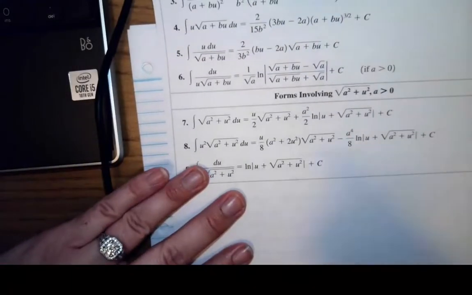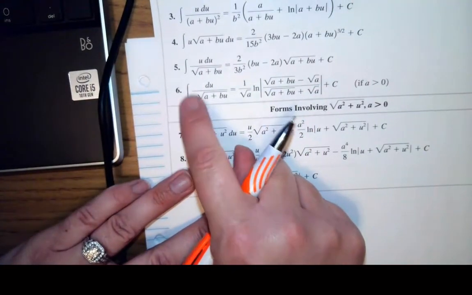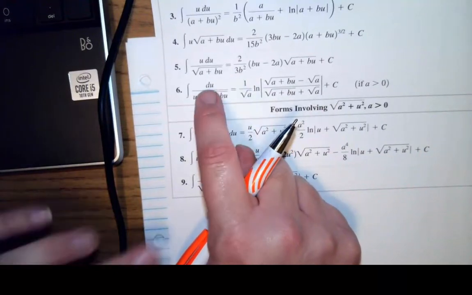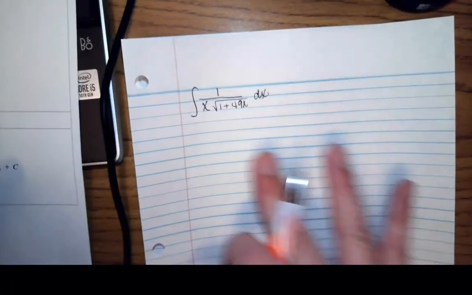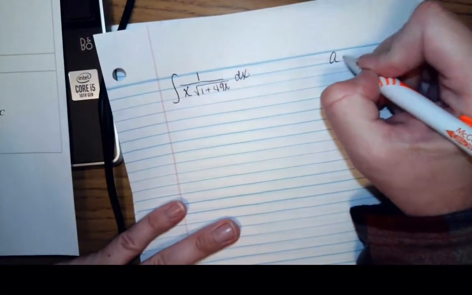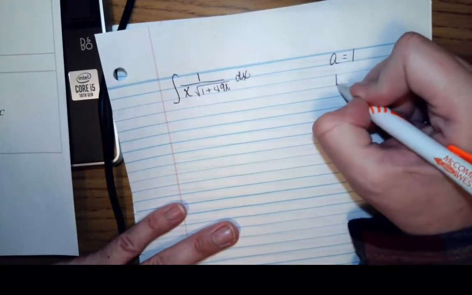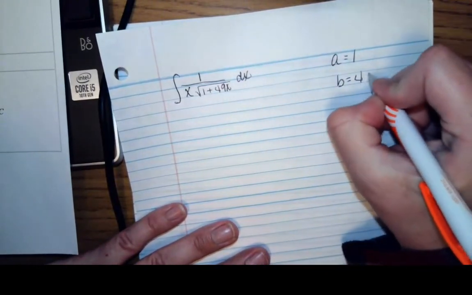So what I'm seeing is the forms involving a plus bu. Number 6 looks like a beautiful match. I just have to make sure I've got my du. So what is my a? In this case, my a is 1. What's my b? My b is the coefficient on x under here, so my b is 49.